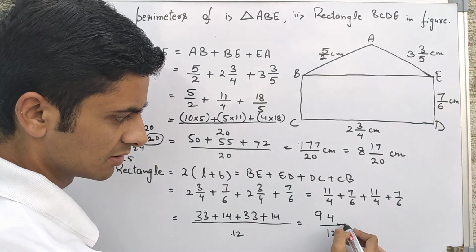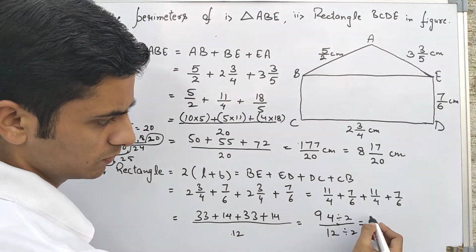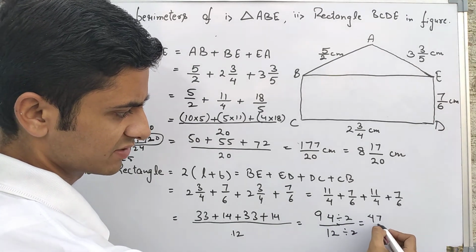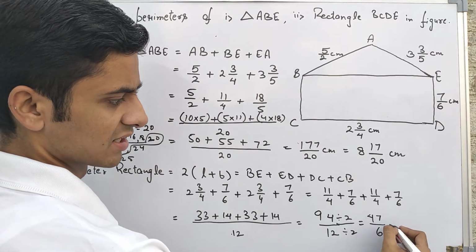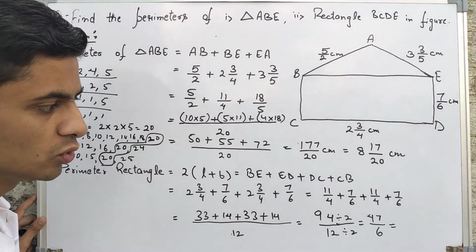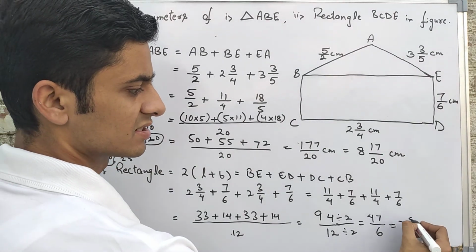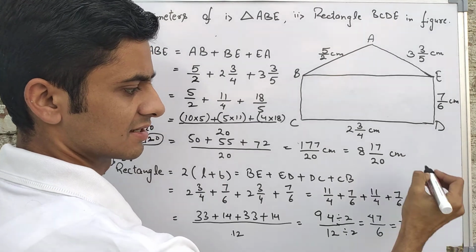Dividing both the numbers by 2, it gives you 2 4s are 8, 1 4, 2 7s are 14 upon 6. 12 divided by 2, 6. So now converting it into a mixed fraction, 6 7s are 42. 7 whole 5 upon 6 centimeter.